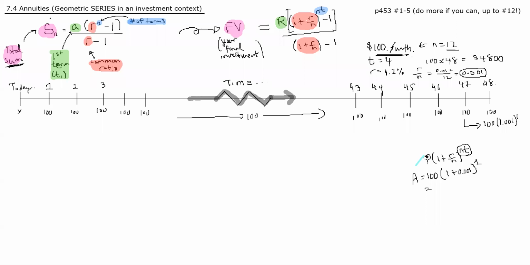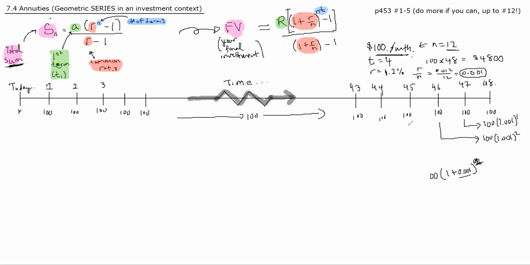Okay? So if that's the case, the $100 that I saved 2 months ago, how many months did I gain interest? Well, it would be $100, 1 plus 0.001, 2 times.